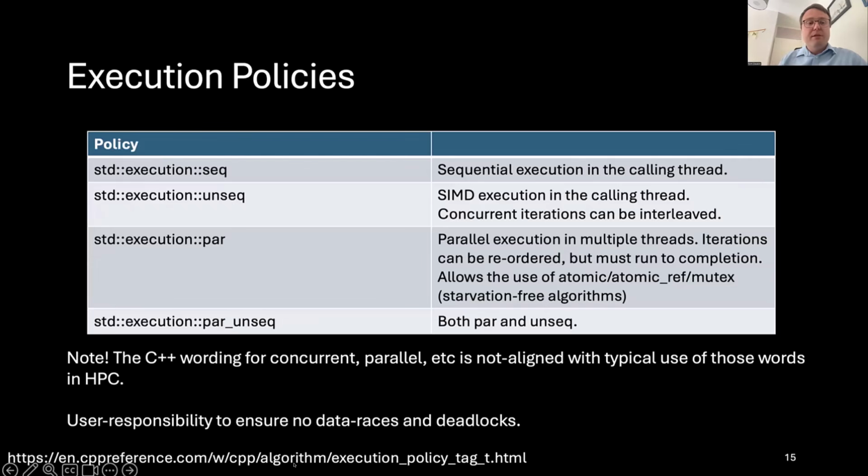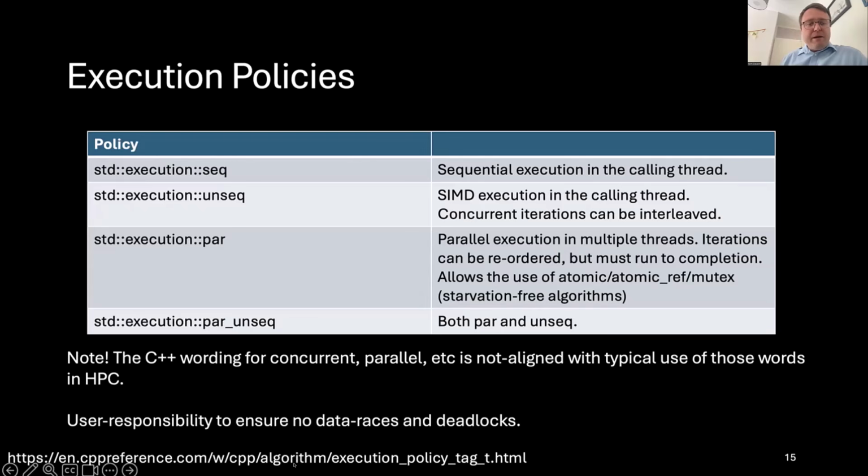We then have the parallel execution policy, so std::execution::par. This unlocks multi-threading. This enables us to run in multiple threads. This is what we really mean by concurrent in HPC or parallel programming terminology, where the iterations can be reordered in any order. It doesn't matter. We can run the loop forwards, backwards, all the even ones or the odd ones. We still get the correct answer, and we can assign those to threads.